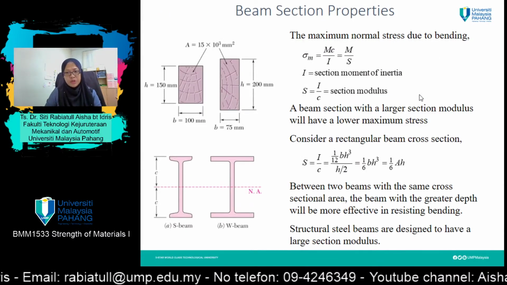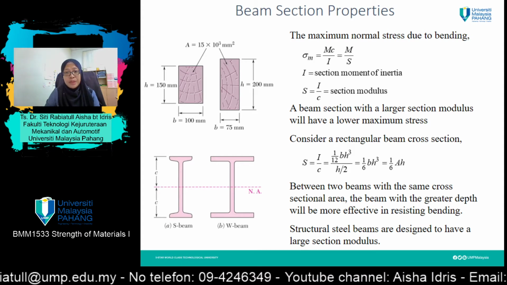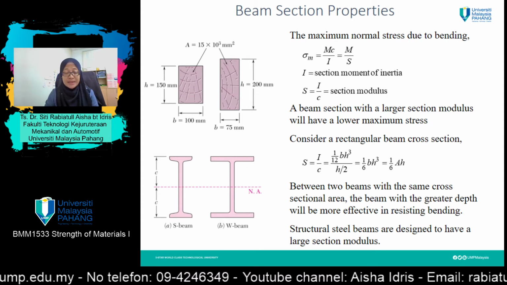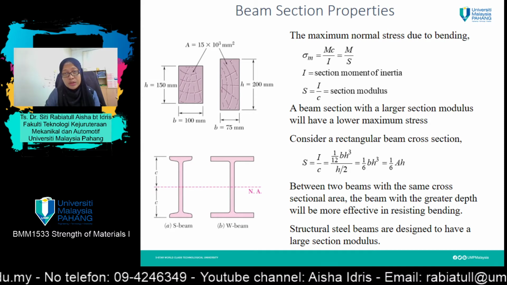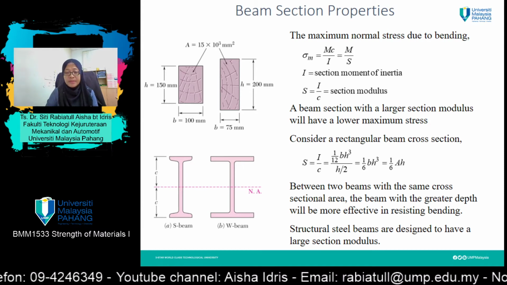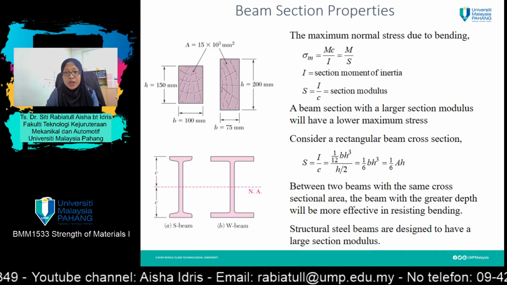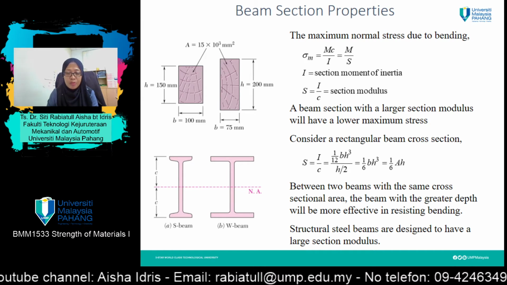Now, let's move on to beam section properties, because we know that beams vary in shape and size. It is not only rectangular in shape, but there are other types of shapes like W shape, S shape, H shape, and I shape, and many more.